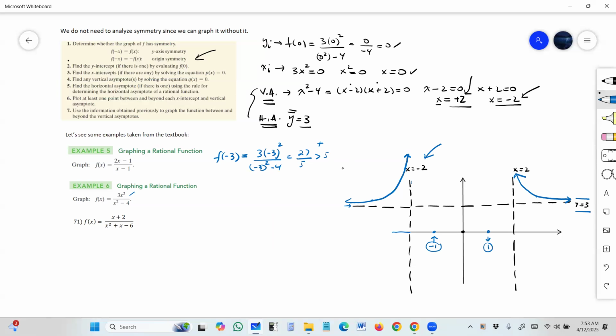So let's find the value of the function at 1 first. So 3 times 1 squared, over 1 squared minus 4, which is 1 minus 4. So 3, and this is -3. So this is -1. So at 1, the function is here somewhere.